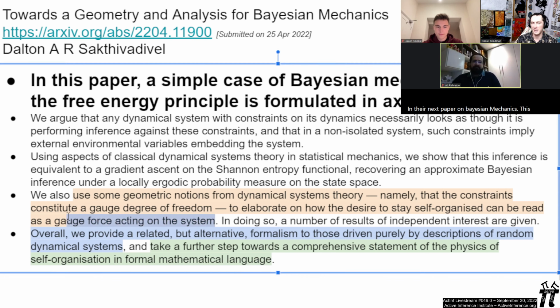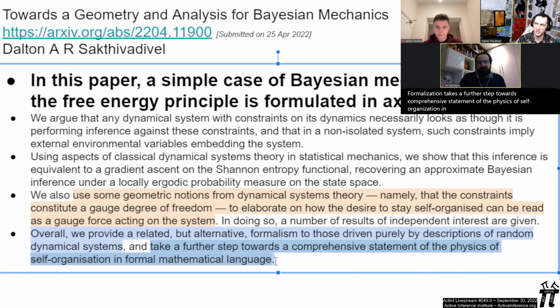This is going to be connecting the random dynamical systems formalization and takes a further step towards a comprehensive statement of the physics of self-organization in formal mathematical language, which is presented using gauge theory and some geometric notions.